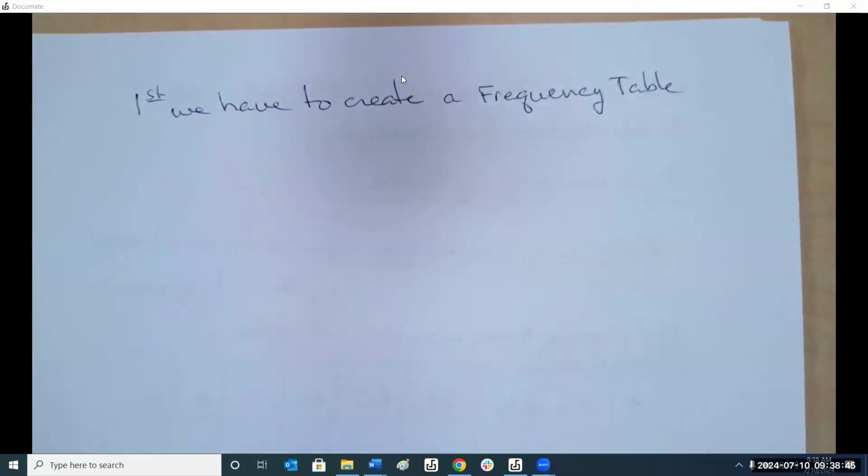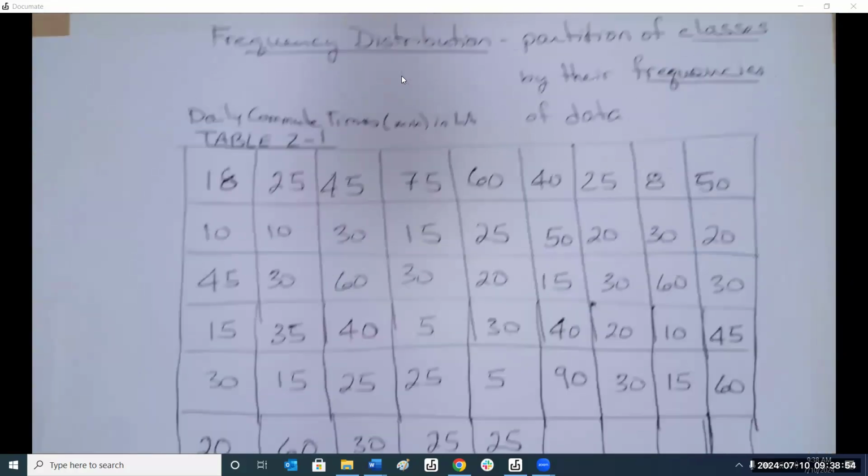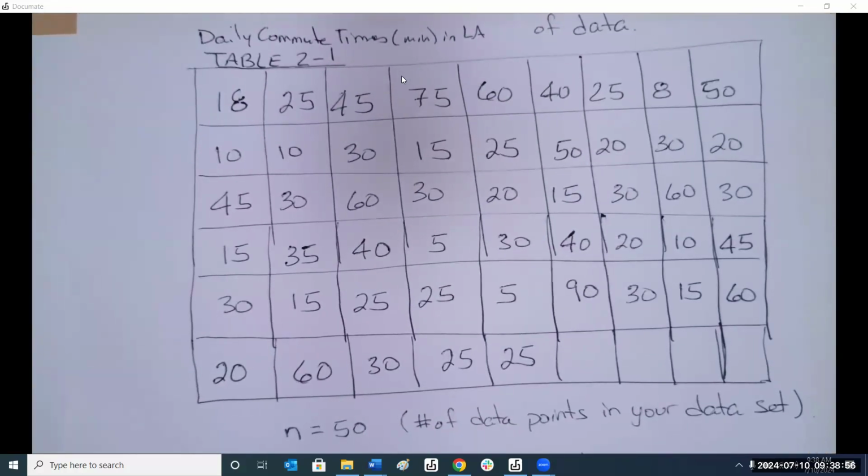So the first thing we have to do is create a frequency table. Remember, we have all this data here. We have to put it in some kind of order.